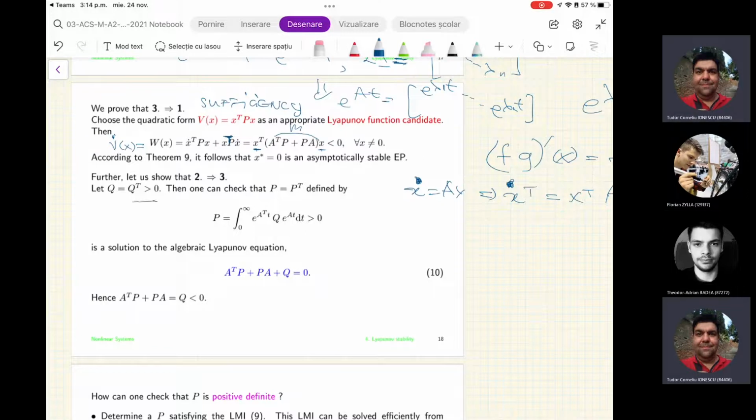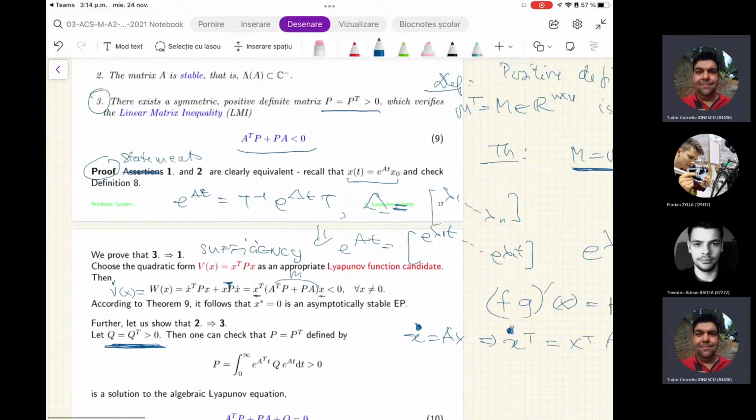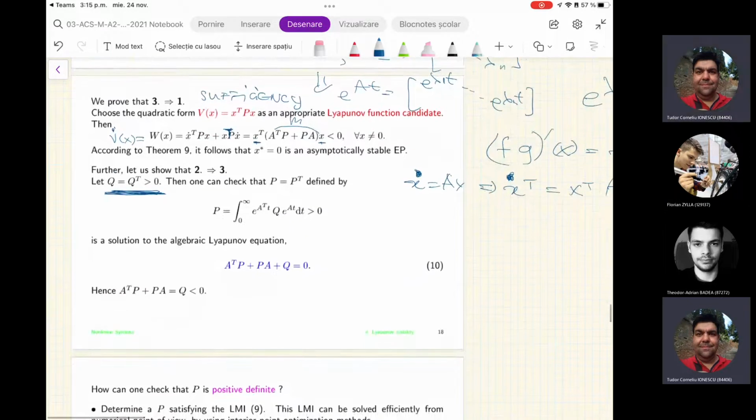Assuming that we have a Q, we choose a Q positive definite, because this is implied by saying there exists Q positive definite such that A transpose P plus PA equals minus Q. Actually, it's equivalent.